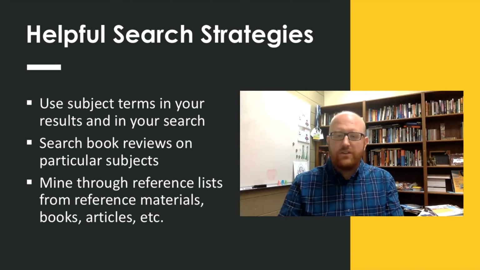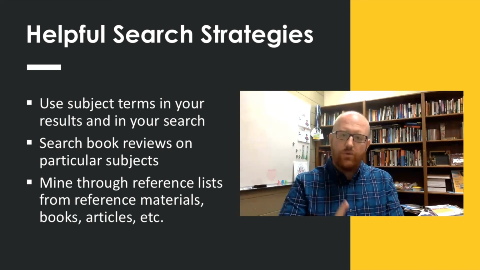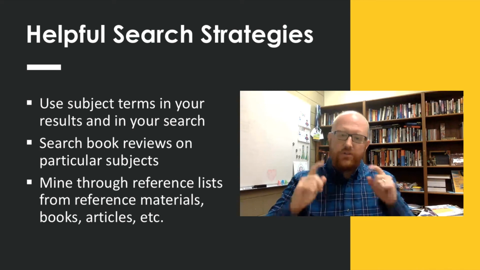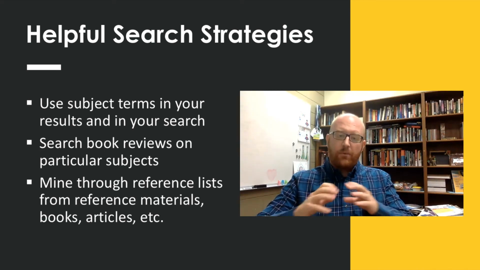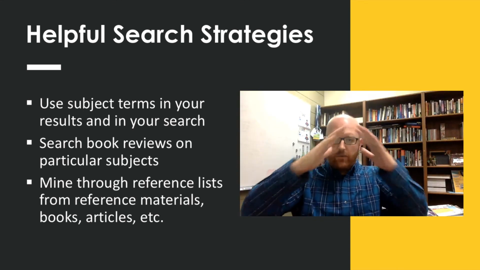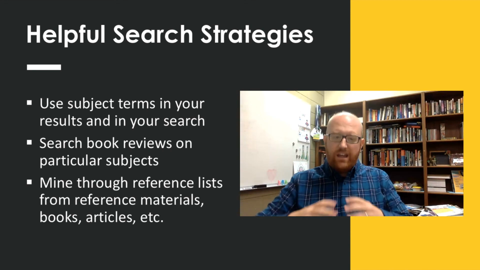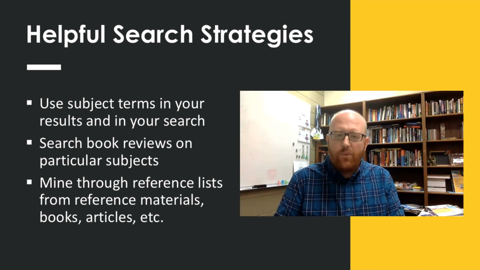So I call this your research pyramid scheme, right? If you find one really good source, that will often lead you to two good sources, or two or three, or however many, which will then lead you to a few sources, which will lead to a few sources. And before long, you have this pyramid, right? And you have 10 or 15 sources, and they're all linked together too. So they're all relevant to one another in some way.